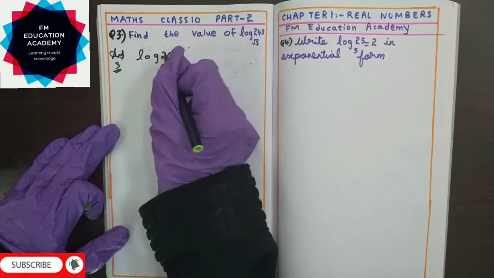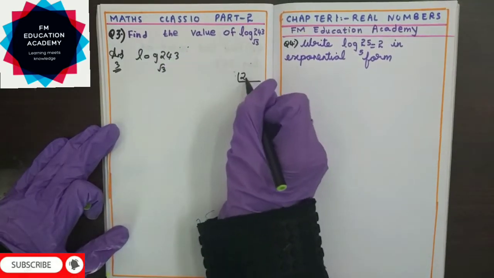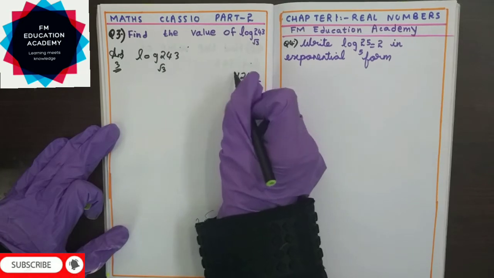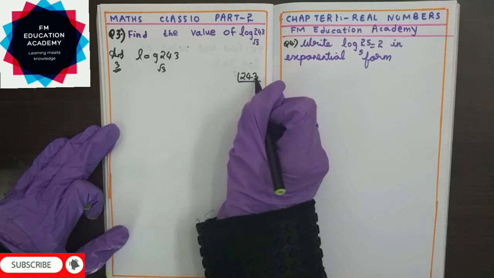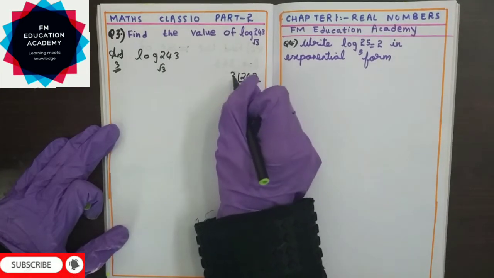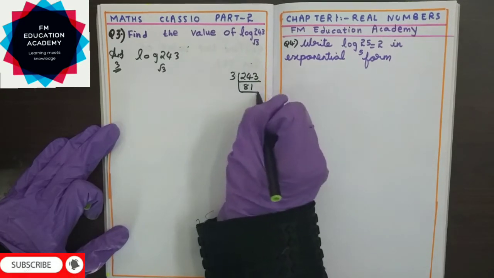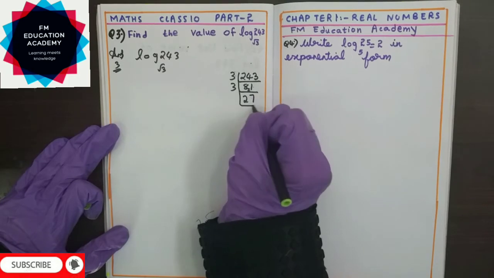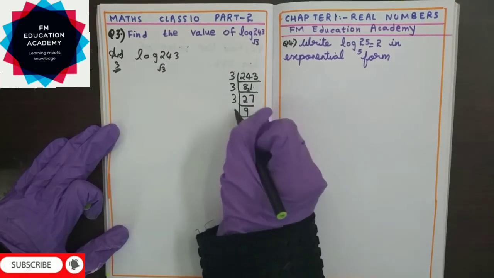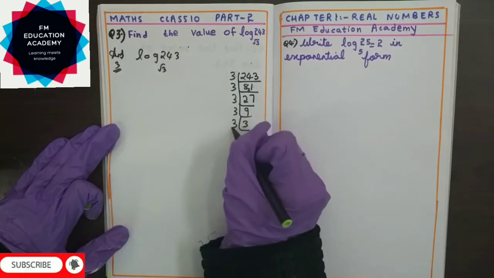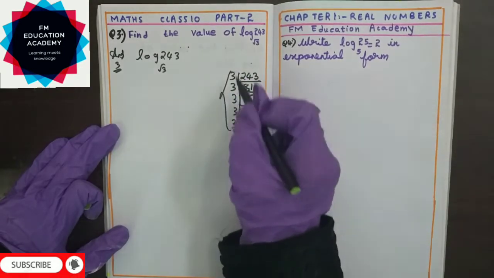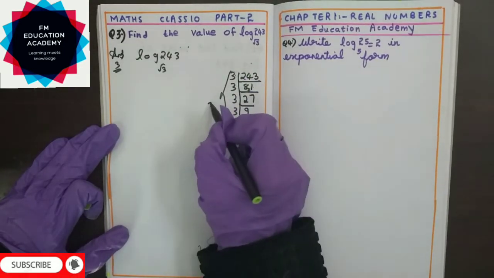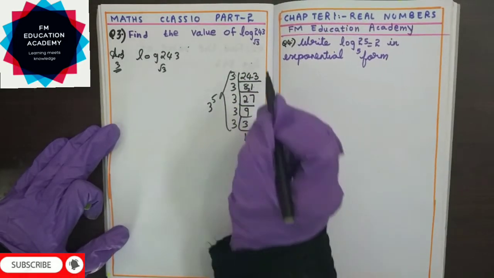How to open this 243? By prime factorization of 243. So if you find out the prime factorization of 243, 243 goes in 3 table. 3 8s are 24, 3 1s are 3, 3 2s are 6, 8 minus 6 is 2, 1, 3 7s are 21, 3 9s are 27, 3 3s are 9, 3 1s are 3. So here we got 3 is 1, 2, 3, 4, 5. 5 times 3 is 243.